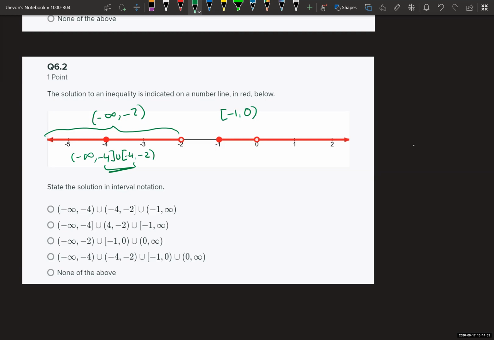And then U, open parentheses, 0, comma, infinity, close parentheses. Right. And then you put a U in between all of these guys as well. So this part is here, and this part is here. And do we see that? Yeah, the third one, option C.